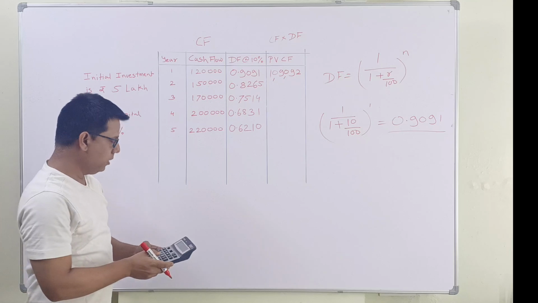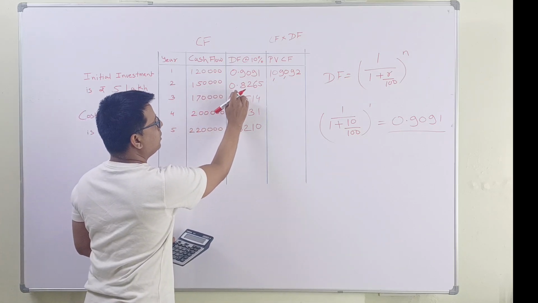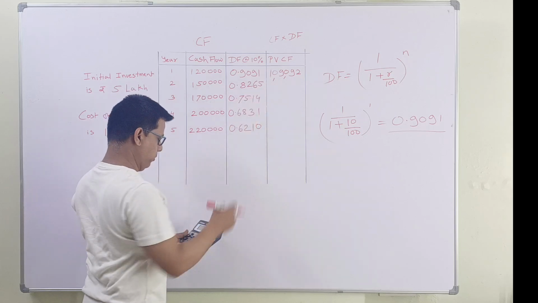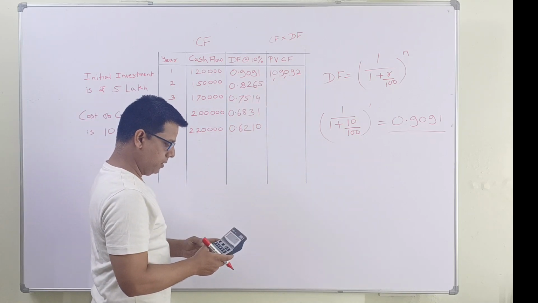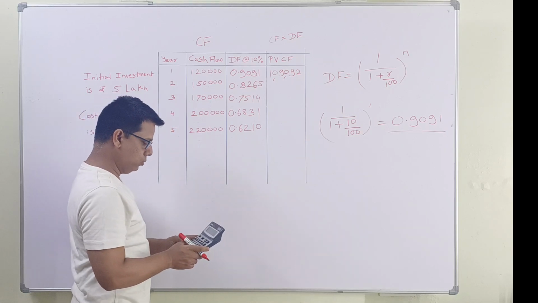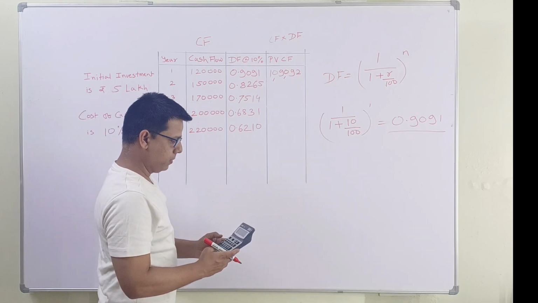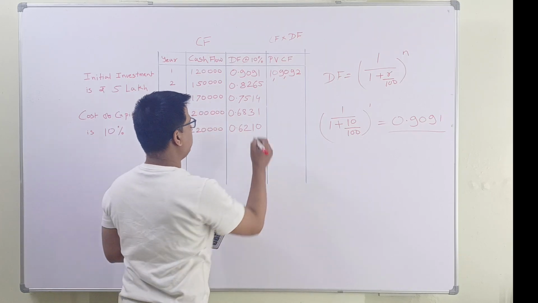For the second year, what we will do is 1,50,000 multiplied by 0.8265. The answer is 1,23,975.